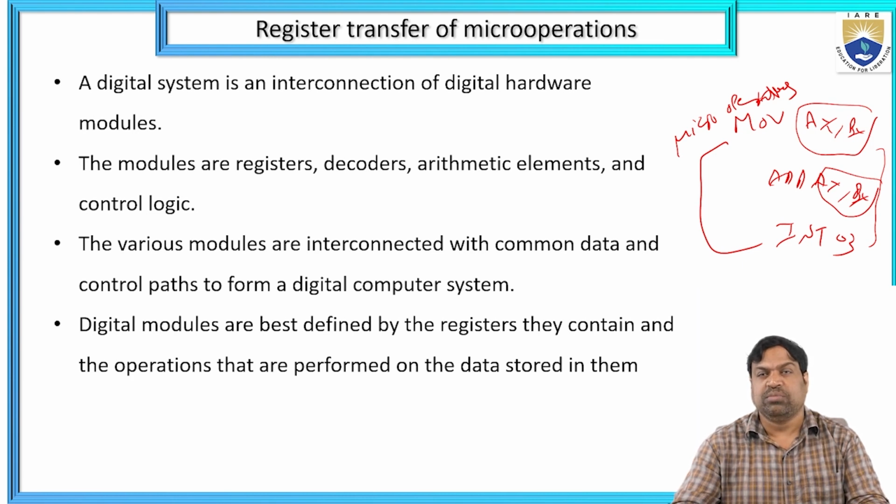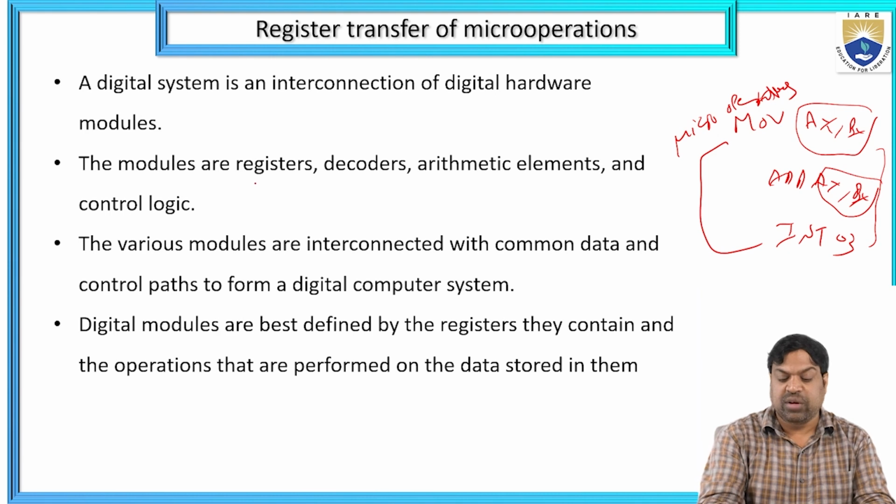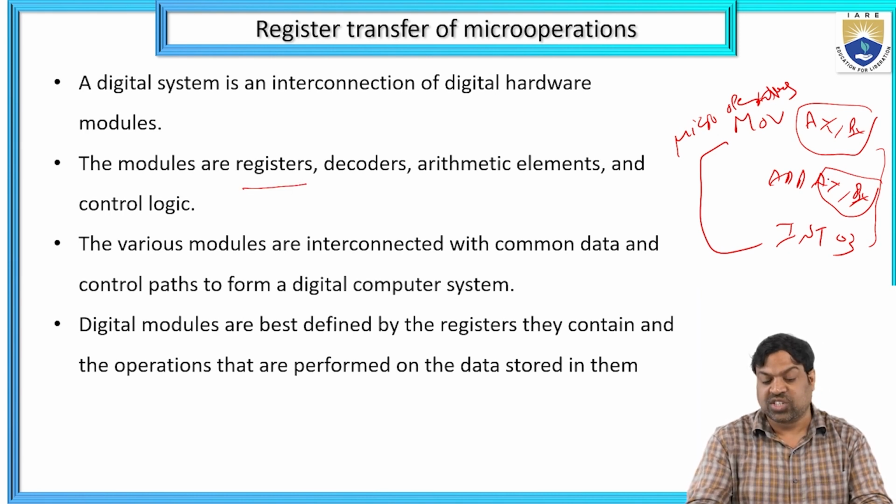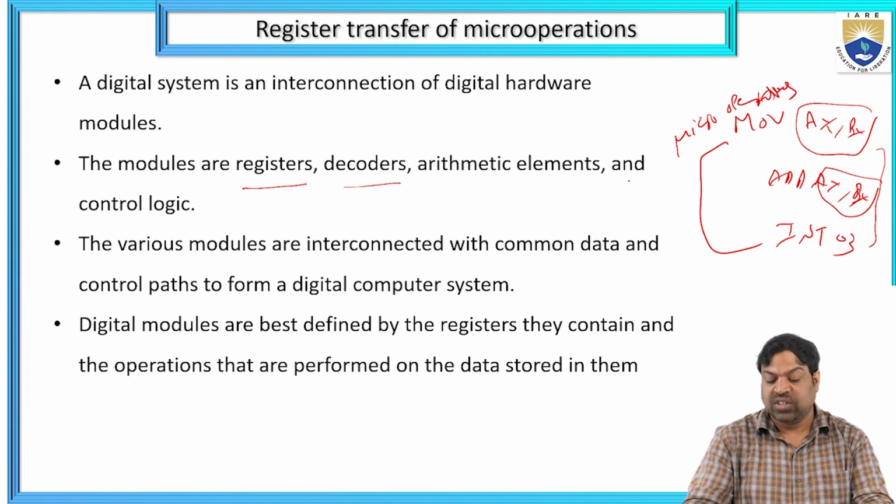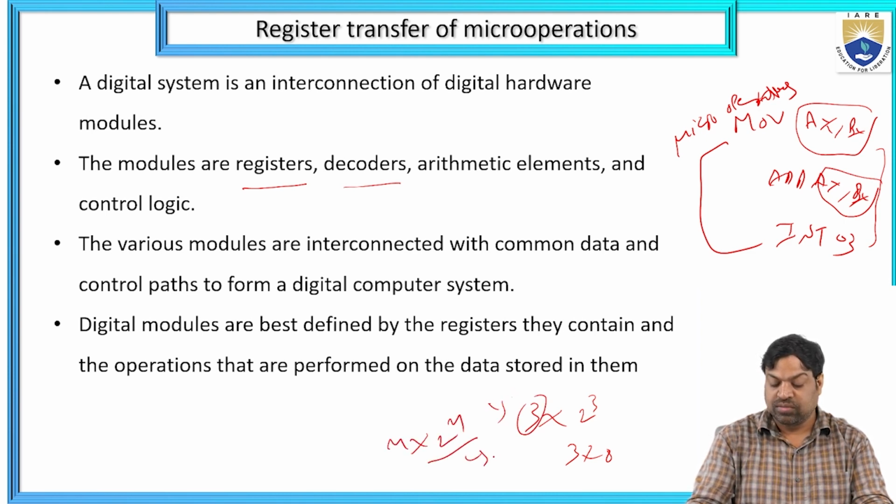A digital system is an interconnection of digital hardware modules. The modules are registers, decoders, arithmetic elements, or control logic. Suppose I am taking registers. If I am taking decoders, a 3 into 8 decoder has n inputs and 2 power n outputs.